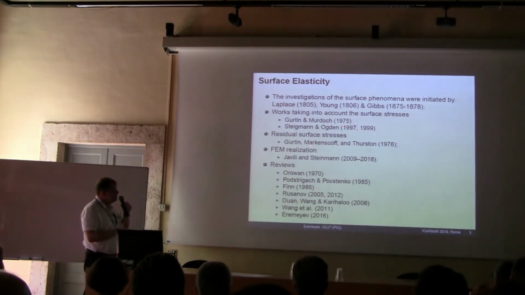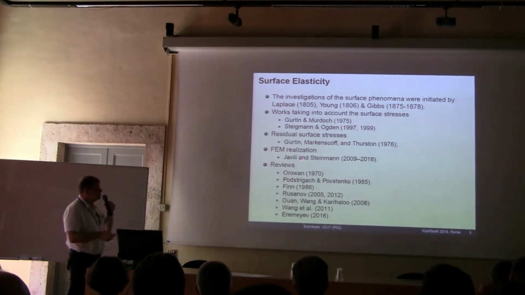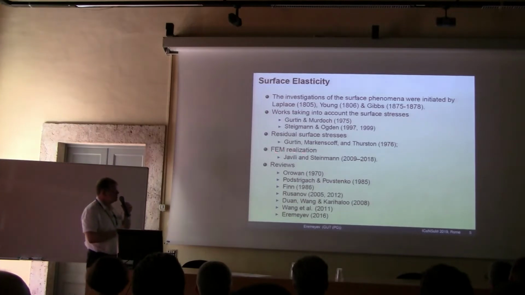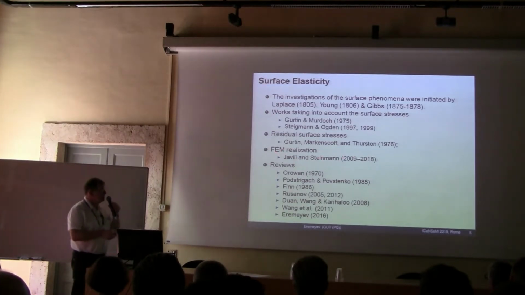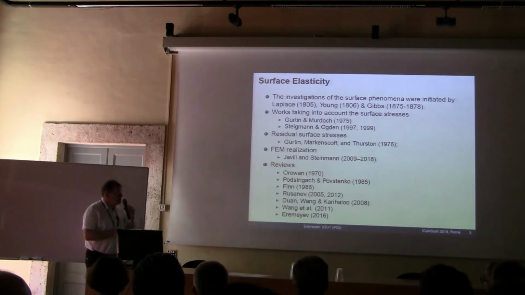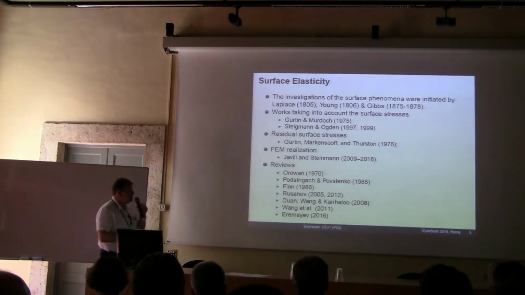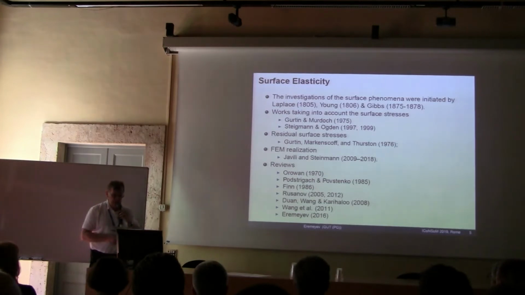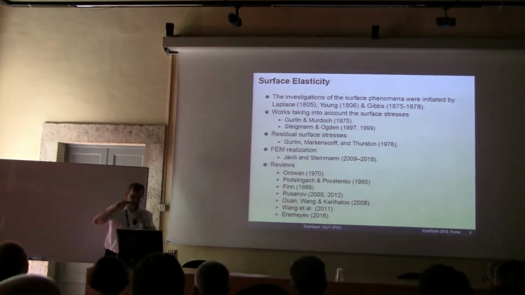And there are many things related to surface, even finite element realization was done by the group of Ali Javili and Paul Steinmann. And there are many reviews in the field considering different sides of this phenomena.